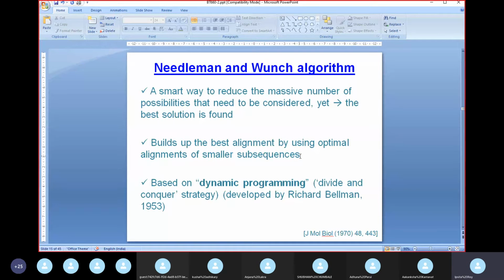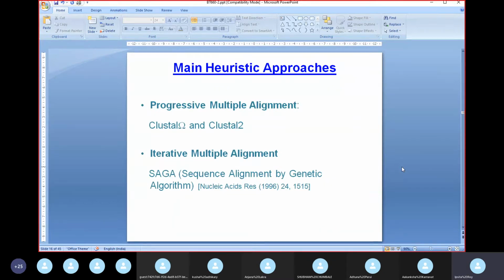The same polypeptide chain is broken down into smaller pieces and works on dynamic programming. There are other approaches also, and heuristic, you understand what heuristic means? It sounds like a very sophisticated term, but what it actually means is what you can intuitively predict. It's just a rule of thumb.